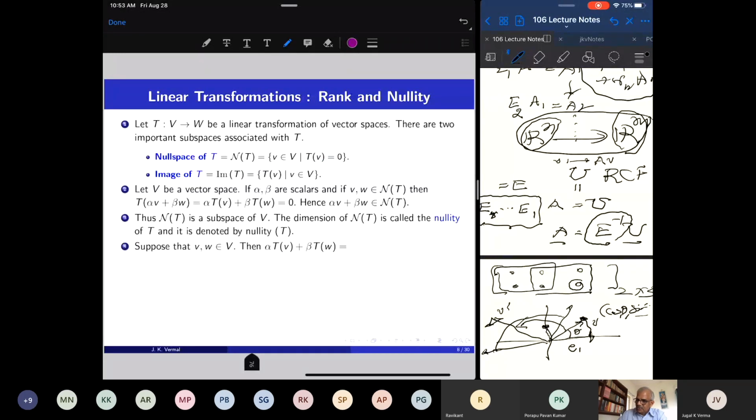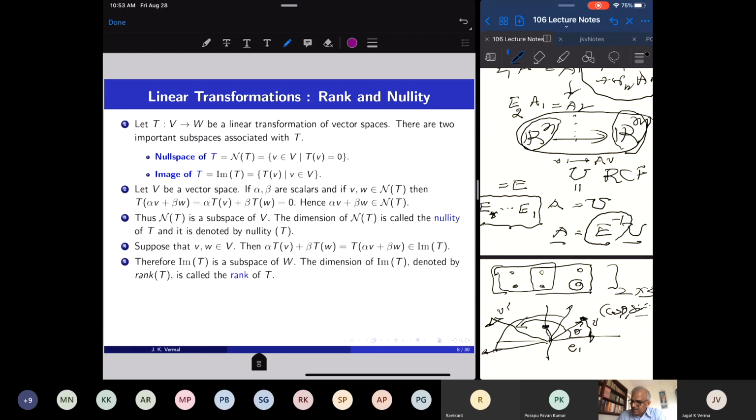So suppose I have two vectors. Then alpha TV plus beta TW is T of alpha V plus beta W, and that is in the image. So the image is a subspace. The dimension of this subspace, the image, is called the rank of T. So we have lifted the idea of rank of a matrix to the rank of linear transformations.